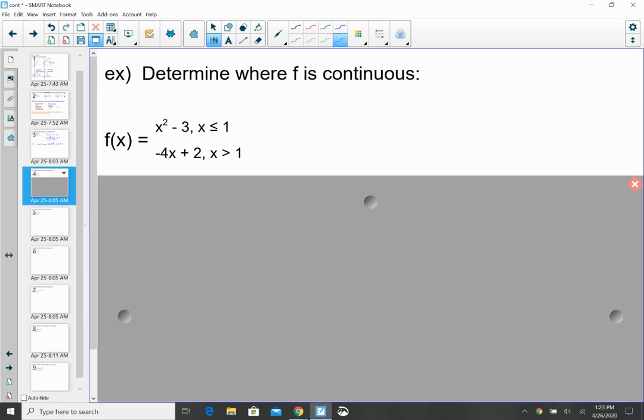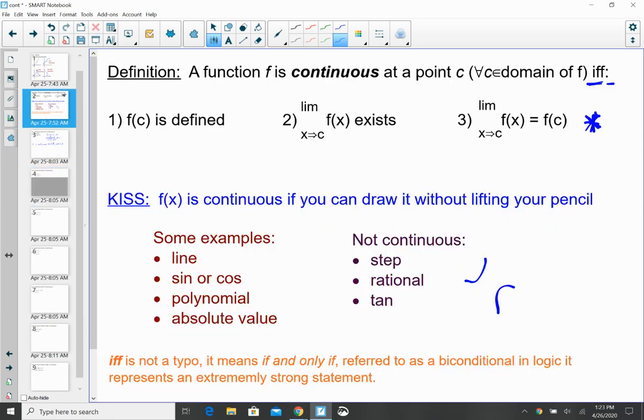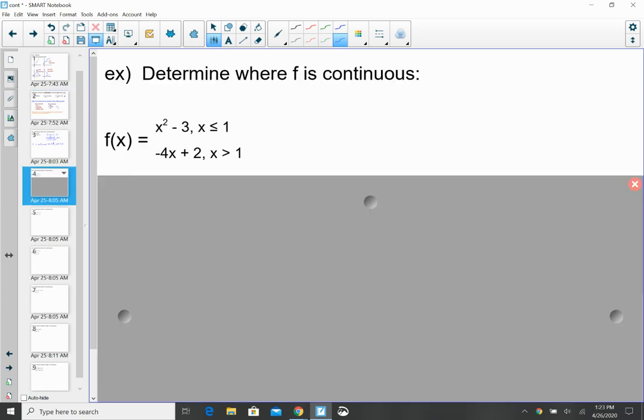Piecewise functions. Now, if I can just jump back for a quick second here. I said some examples, like a line or a polynomial. We group those together as polynomial functions, and technically a line is a polynomial. They are continuous all the time. So now I'm going to my question here.